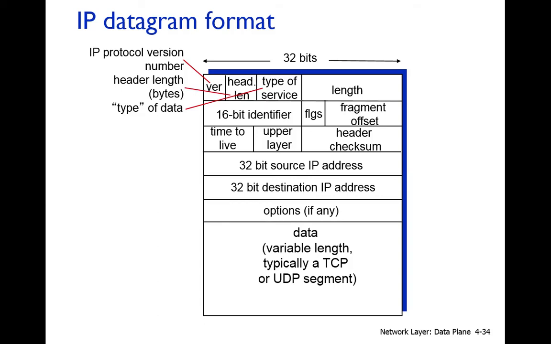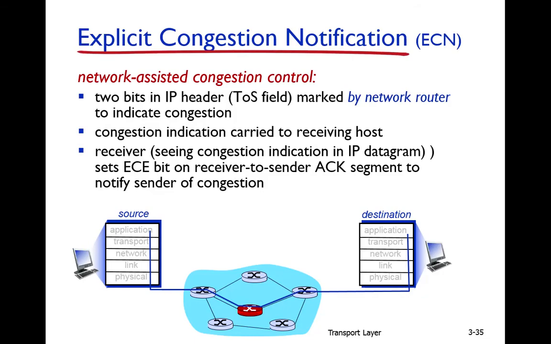Type of service. If you do remember, we have discussed explicit congestion notification, ECN. When a source node transmits the packet, the ECN field is set to 0, meaning there is no congestion. When this packet passes through a router, the ECN field is used in the type of service field.